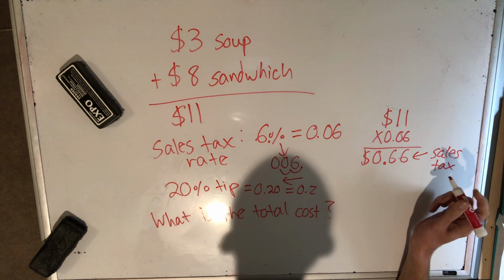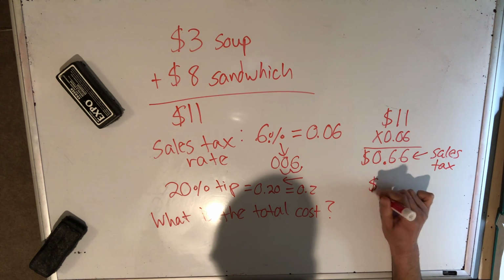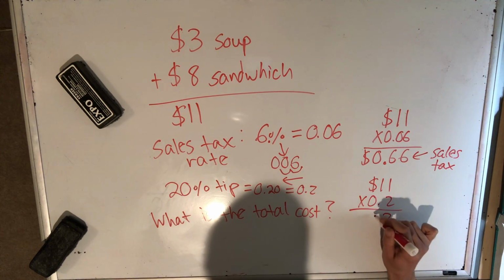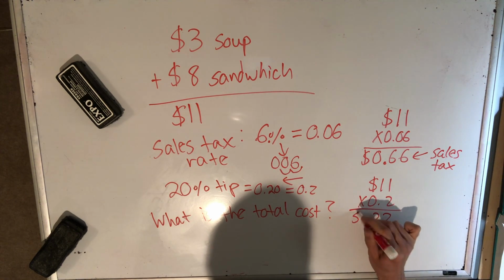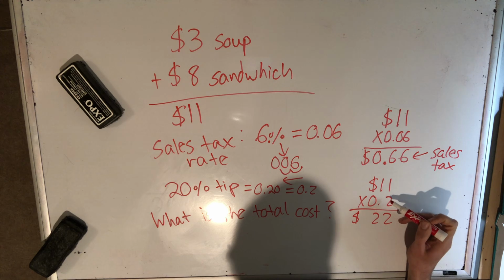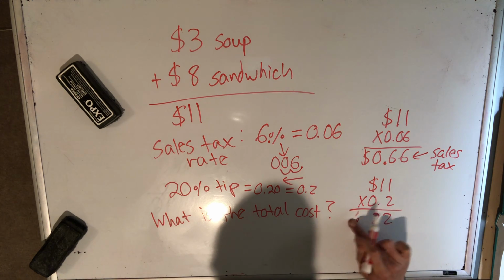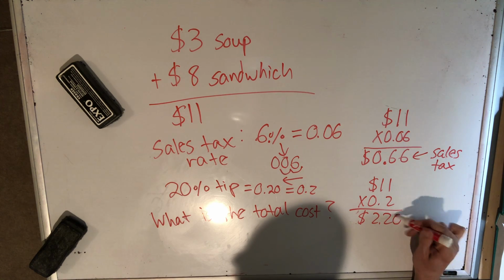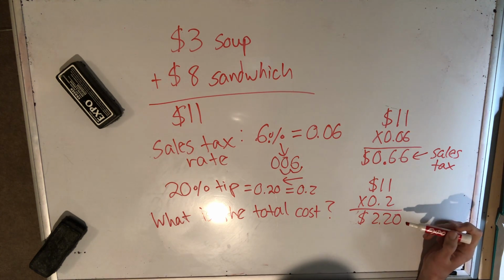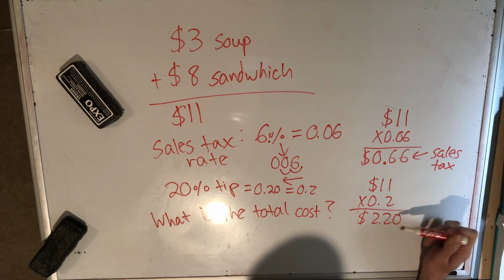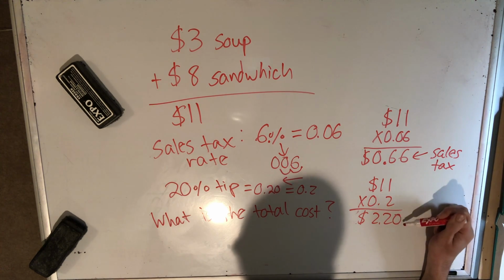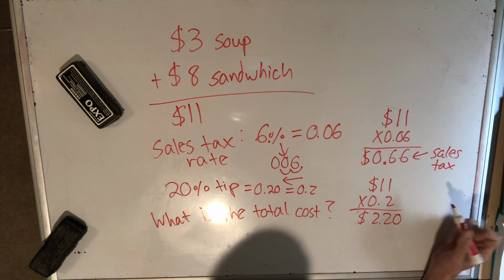So 0.2 times $11. 2 times 1 is 2, 2 times 1 is 2. There's 1 decimal place total in the multiplication problem, so we need 1 decimal place in the answer. 2.2 is the same thing as 2.20 because putting a 0 at the end of the decimal number does not affect the value, since 2/10 is equal to 20 hundredths, and the second decimal place is the hundredths place.